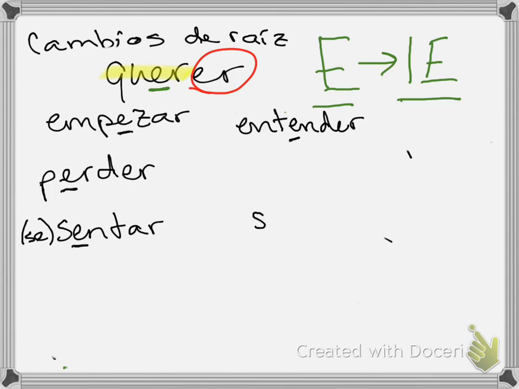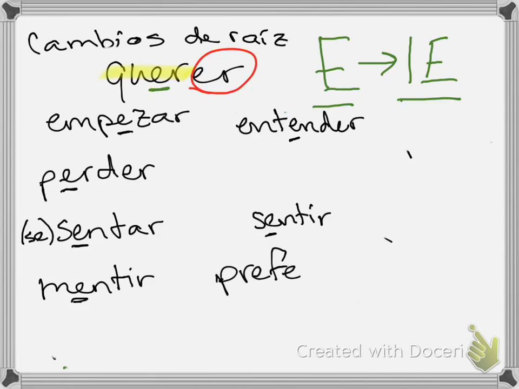Siente. And then also sentir, which can mean sorry or I feel, okay? So, for example, me siento feliz, I feel happy, siento, right? Mentir, which is to lie, miente, and preferir. Okay, once again, I have two E's, so which one is it? That's right, the one closer to the ending. Okay, so prefiero, right? So once again, keep in mind that these are going to change in every subject except nosotros and vosotros if you're studying in Spain.